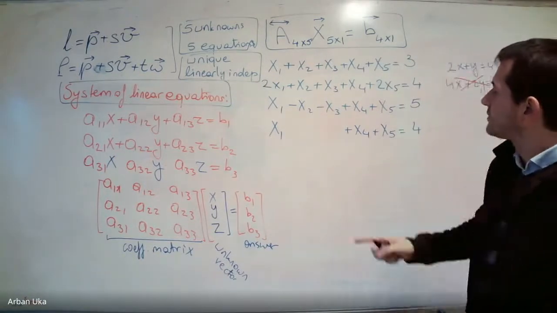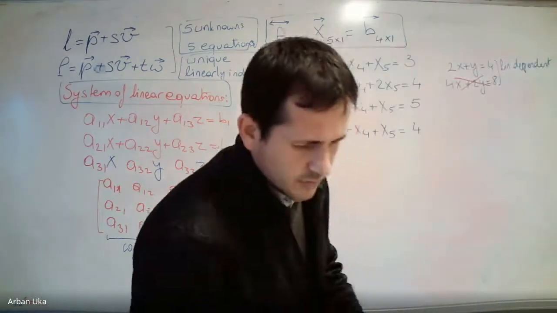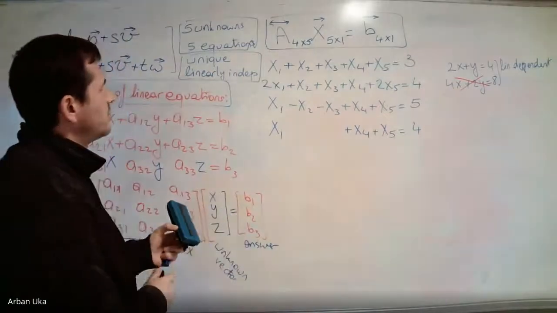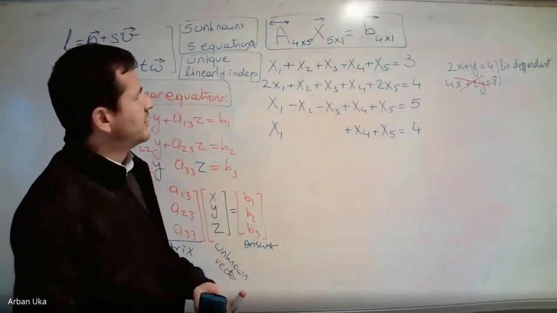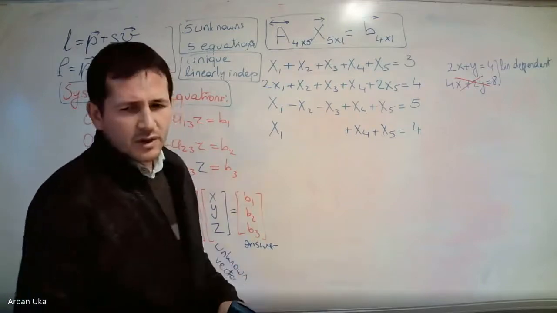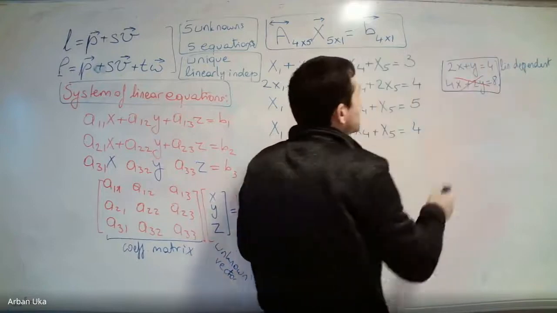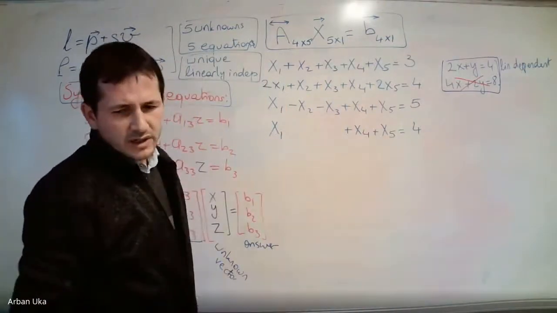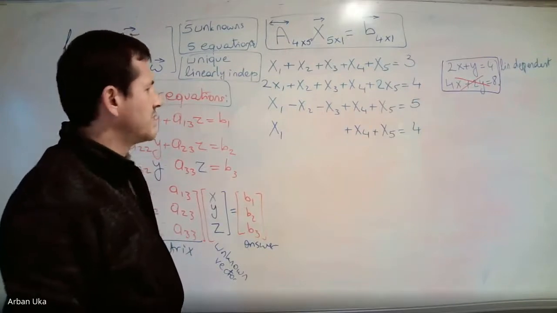Okay. Now, let's try to simplify this system of equations, or write this in a more elegant way. Here, if the equations look like this, it is easy for a human eye to detect that there is a linear dependence.